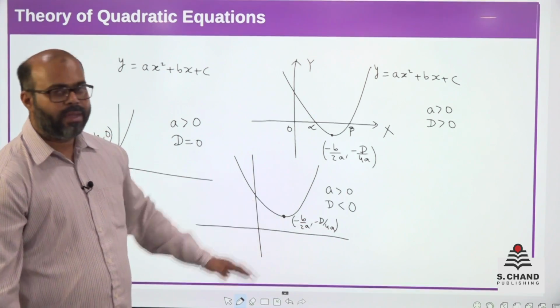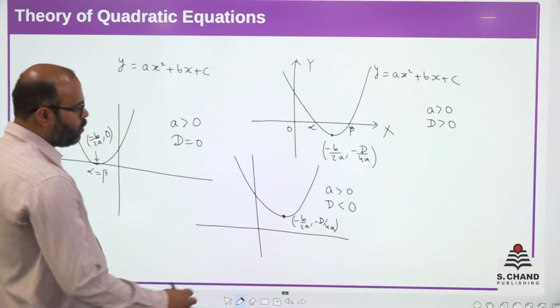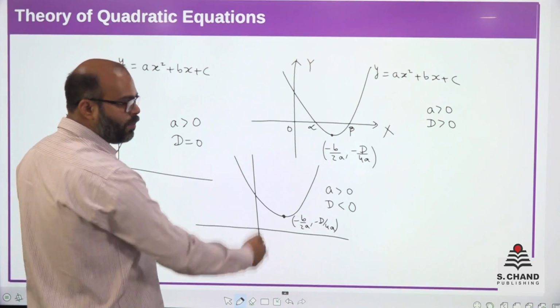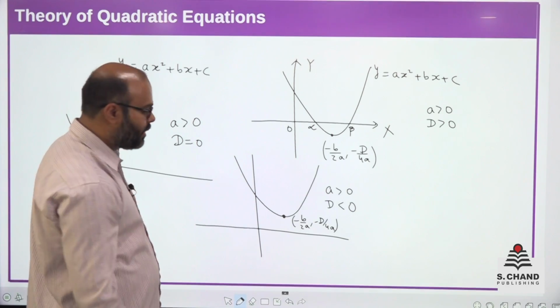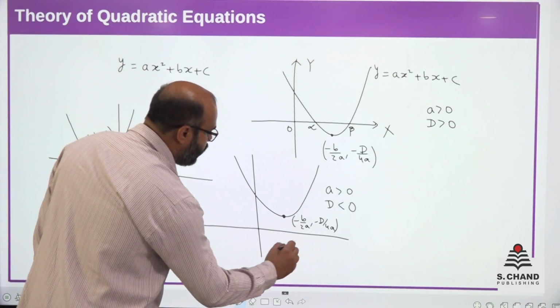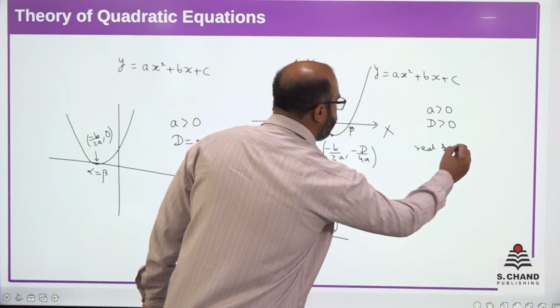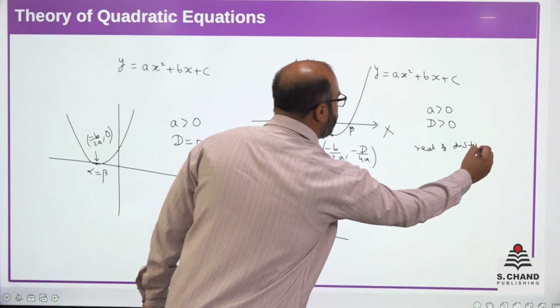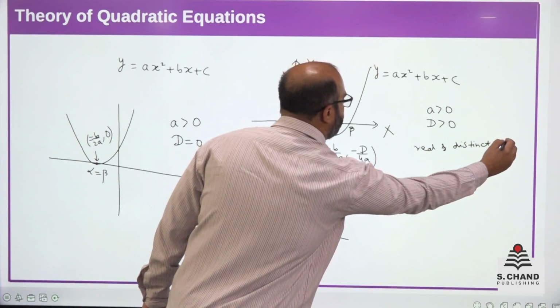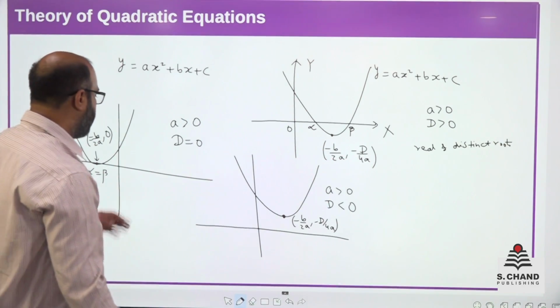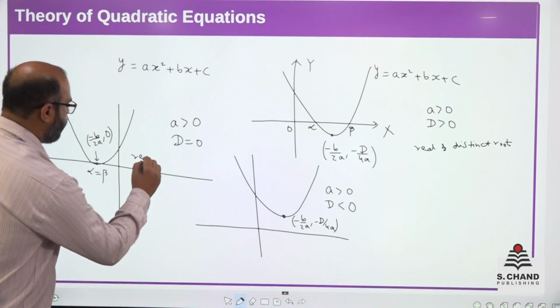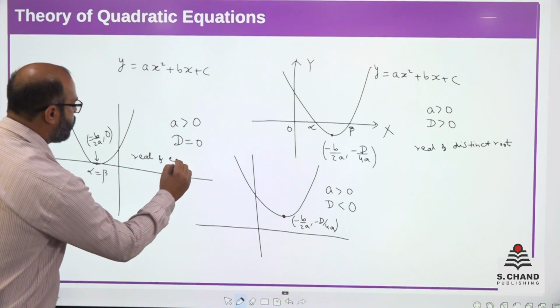So it is above the x-axis. Since it is an upward opening parabola and does not cut the x-axis, we say that it has no real roots. So the first condition gives real and distinct roots, and the second condition gives real and equal roots.